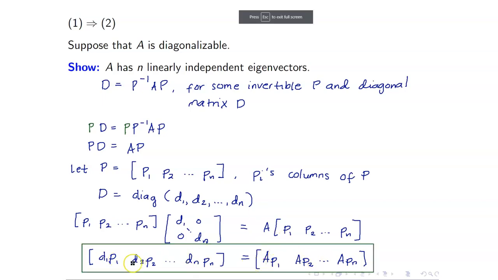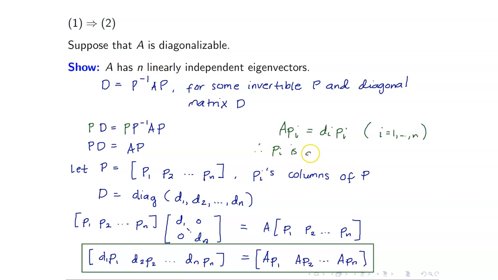Hence, this is saying that APi is equal to di times Pi. This is true for all i from 1 to n. This one is saying that Pi is an eigenvector of A corresponding to your eigenvalue di. This is true for all i from 1 to n.